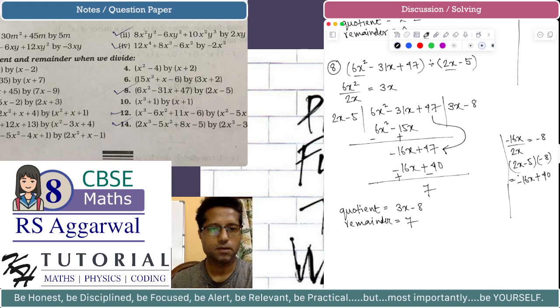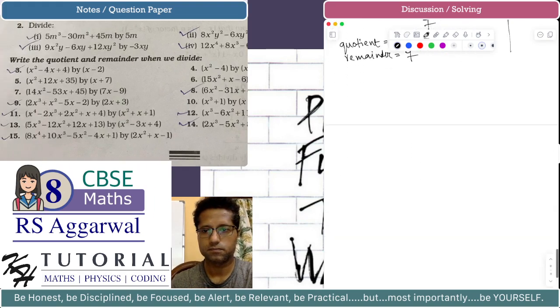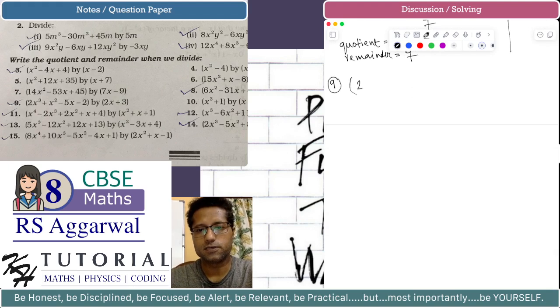Okay. Let's do problem number 9. The dividend is 2x cube plus x square minus 5x minus 2, and the divisor is 2x plus 3.